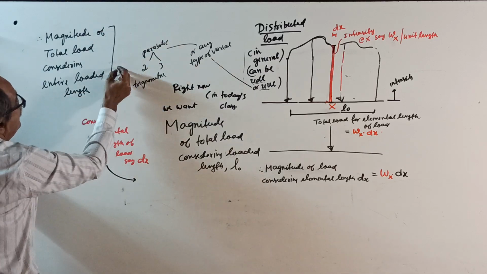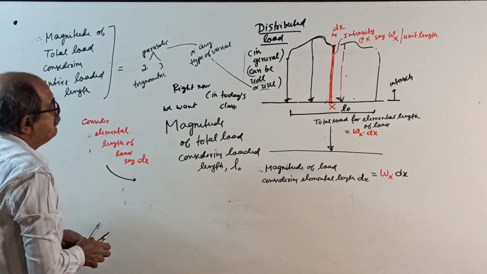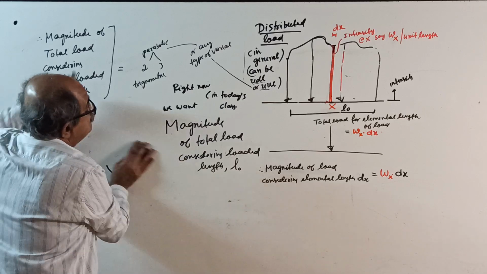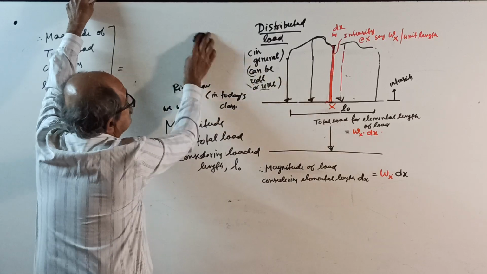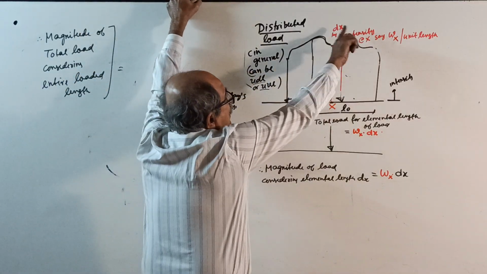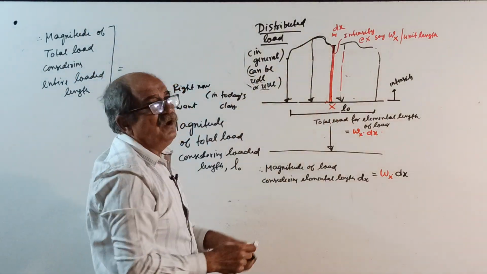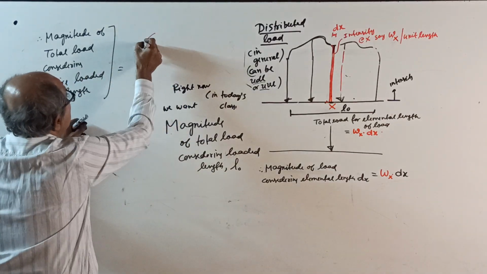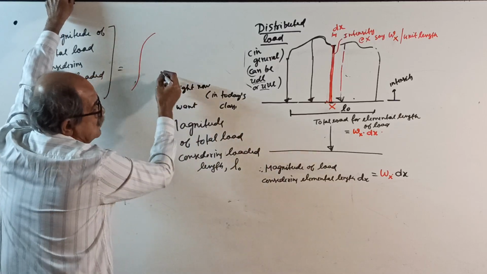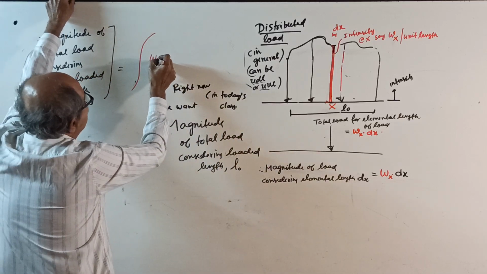Entire loaded length equals, there is a principle actually. So this I will remove now, this also I will remove, not required. So the magnitude of the total load equals, when you know for elemental length dx, the total is the integration of w suffix x into dx.